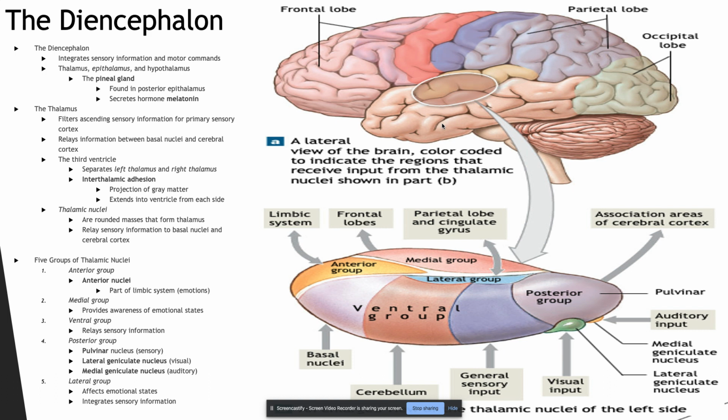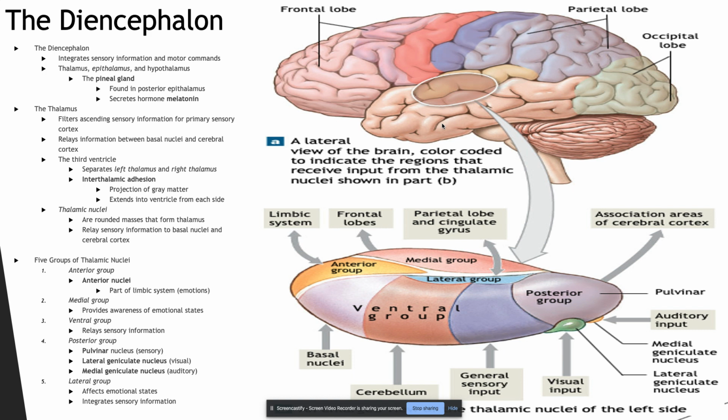Ventral group nuclei also relay sensory information about touch, pressure, pain, temperature, and proprioception, or position, to the sensory areas of the cerebral cortex. The posterior group includes the pulvinar and geniculate nuclei, and the pulvinar nuclei integrate sensory information for projection to the cerebral cortex.